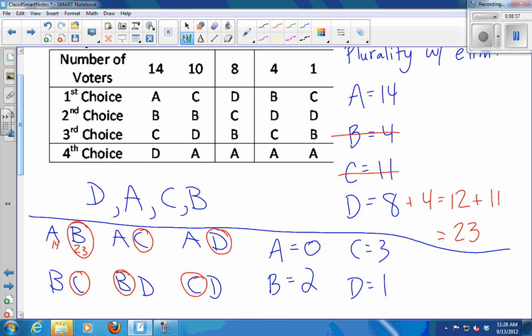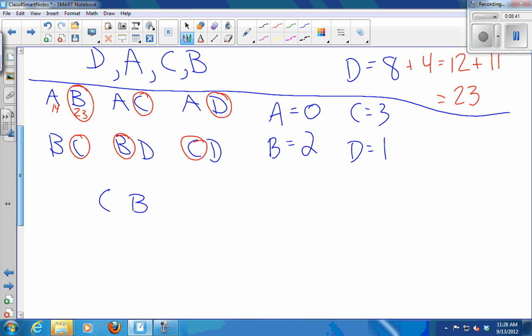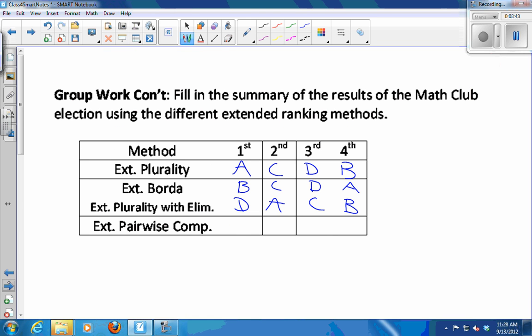So my ranking is going to be C, B, D, A. Just based on who got the most, who got the least points. So some varied results, right? A lot of diversity there.